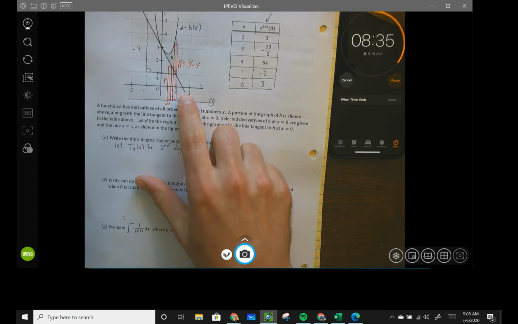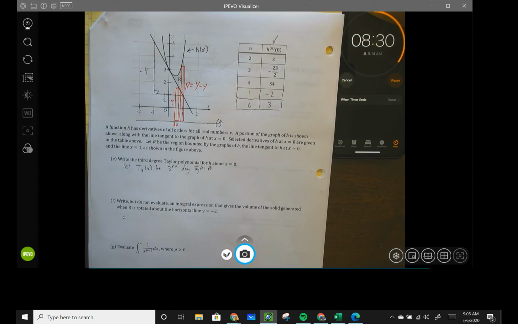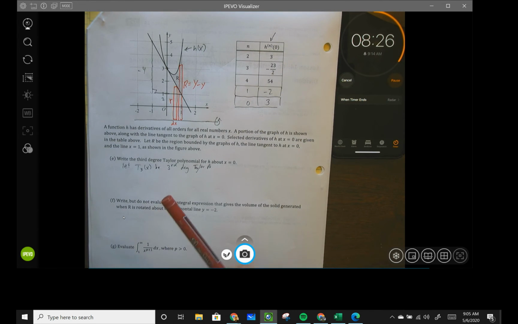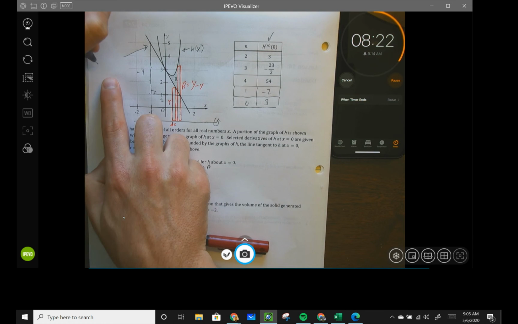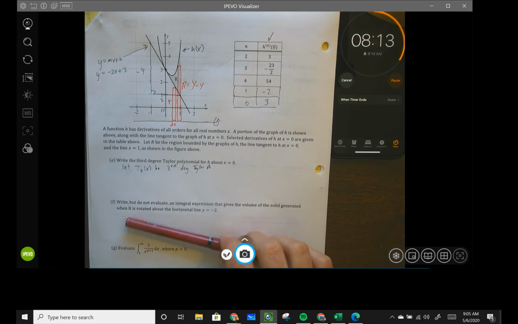Okay, it looks like I'm going to need the equation of this tangent line here. Since I know the slope is negative 2 and I know a point, I could probably go just into y equals mx plus b form. So y equals negative 2x plus 3. Okay, so I needed that.